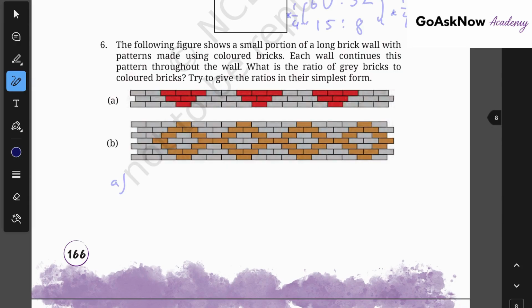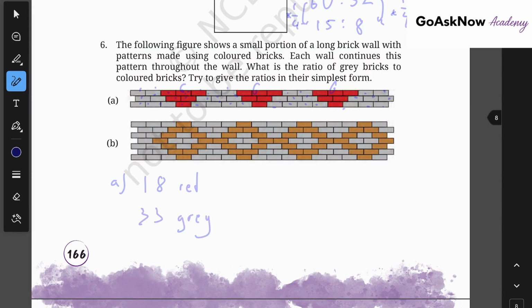So there are six. So there are 3 sets of 6 red bricks. So there is a total of 18 red bricks. And then let's count how many gray bricks there are. 33.